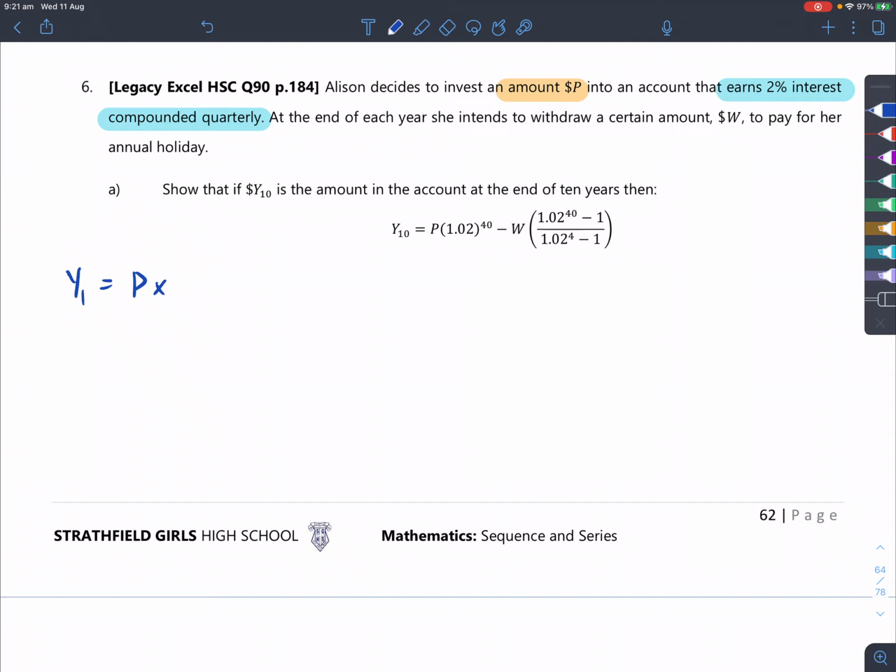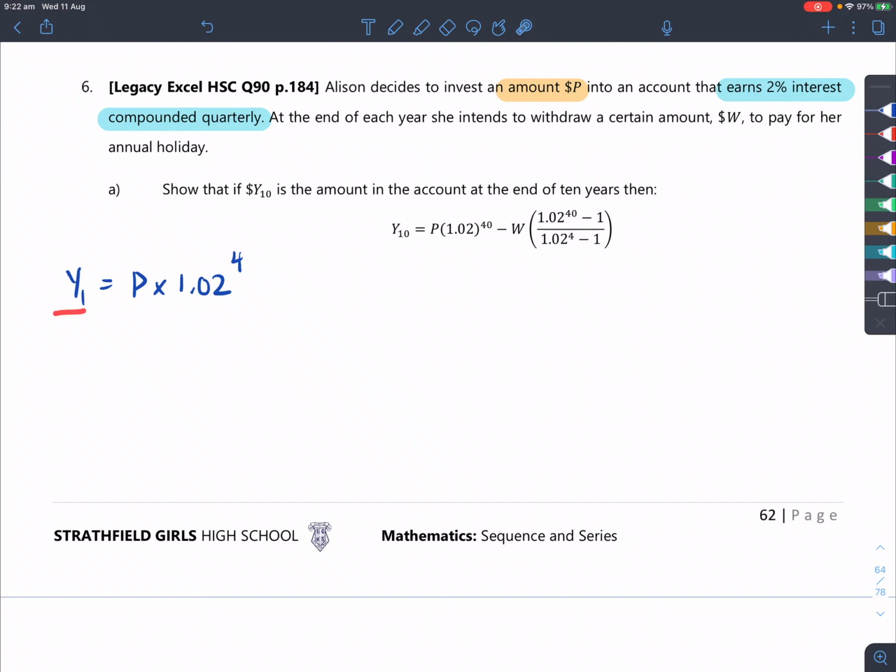Now, I'm just going to stick to that, which is 1.02. But if you think about it, in a year's time, you're actually going to raise this P dollars by 2% every quarter of a year. So in 1 year, we're going to multiply this by 1.02 4 times. So that means this is the same thing as 1.02 to the power 4.